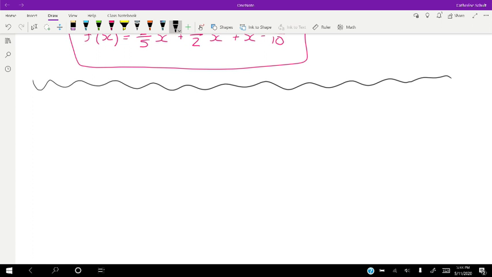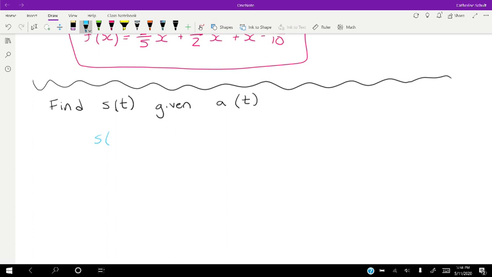So for instance, we're going to be able to find the position function just given the acceleration function. Okay, because we know that we have all of these relationships.